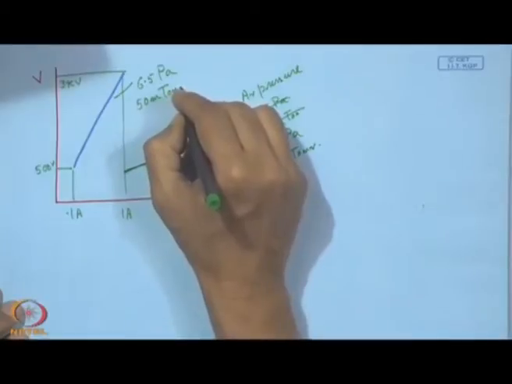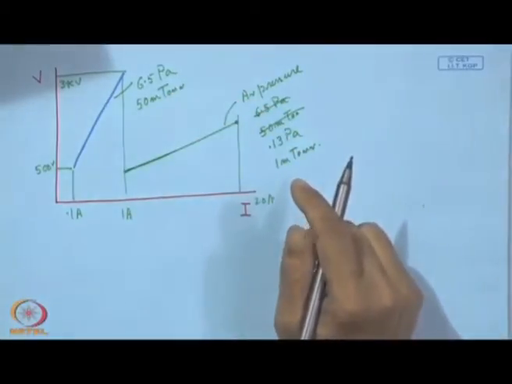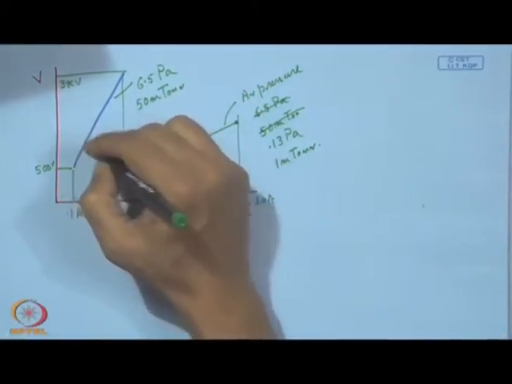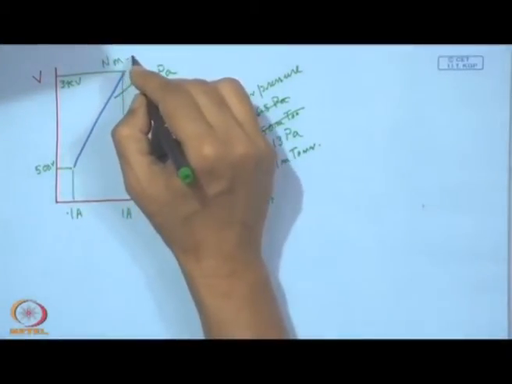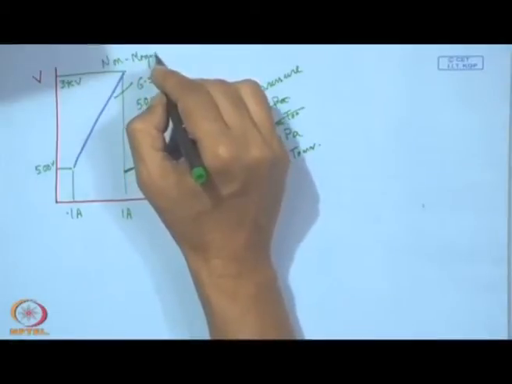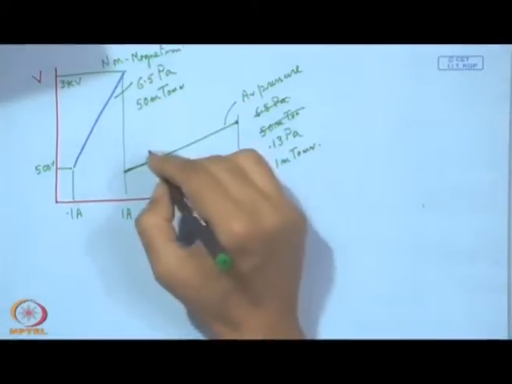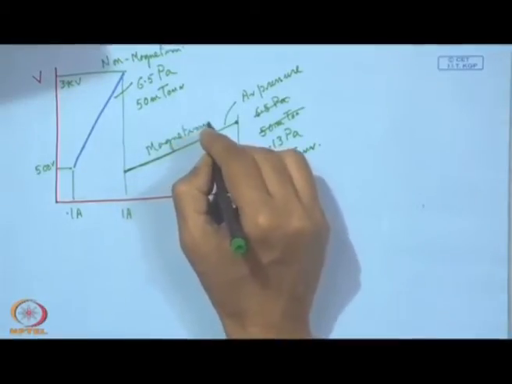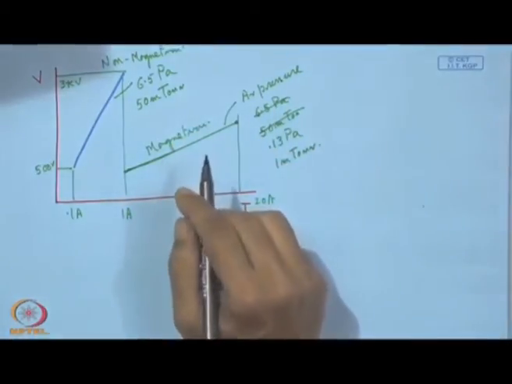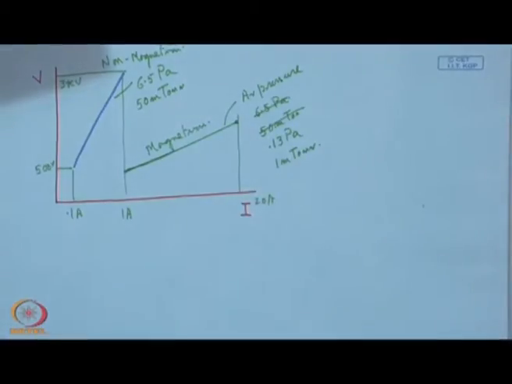So, what we find immediately is that this blue is non-magnetron, and this is with the magnetron. The use of the magnetron is immediately felt and realized just by looking at these Vi characteristics.